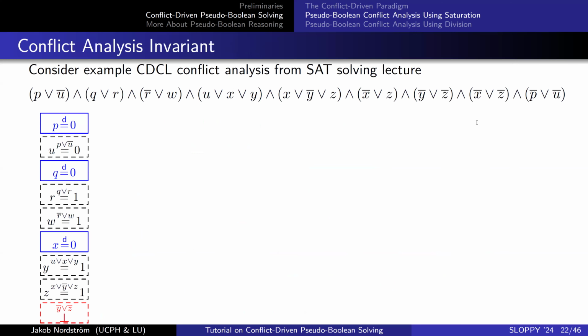Now, what would it mean to do conflict analysis? Let's look at our CDCL example again, our first conflict. What did we actually do during the conflict analysis? I claim that we derived clauses, maintaining an invariant.